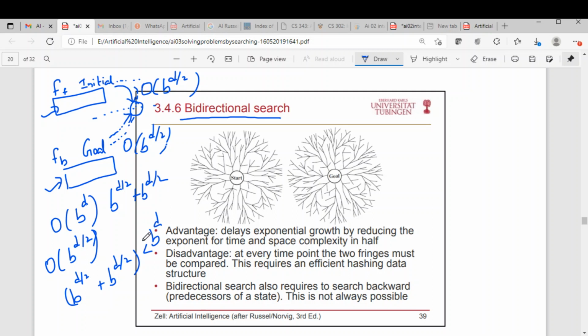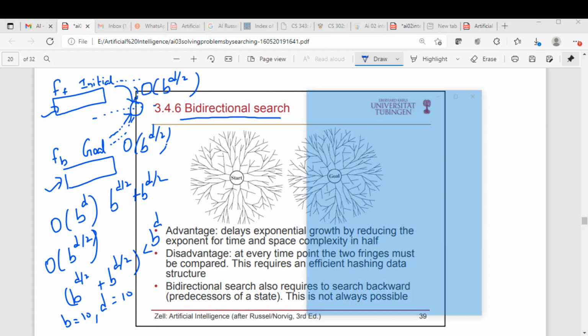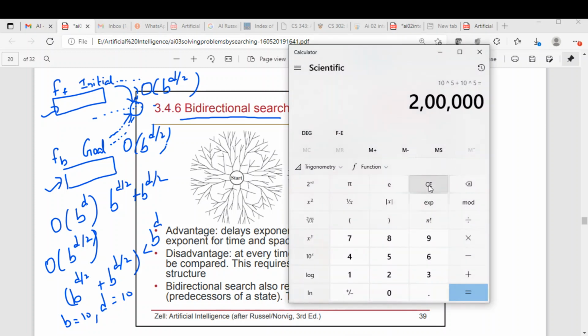You can check this by making a small calculation. Let us assume b is equal to 10 and d is also equal to 10. Then what is b to the power d?